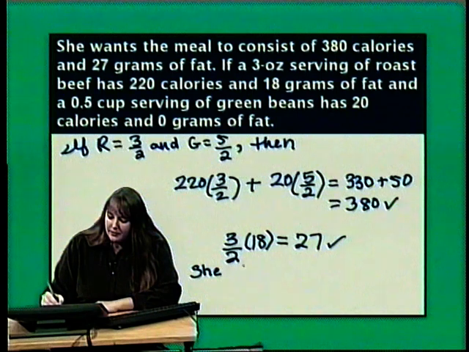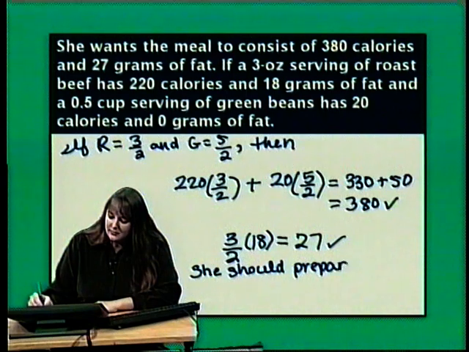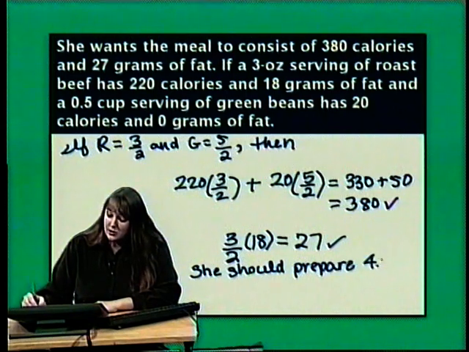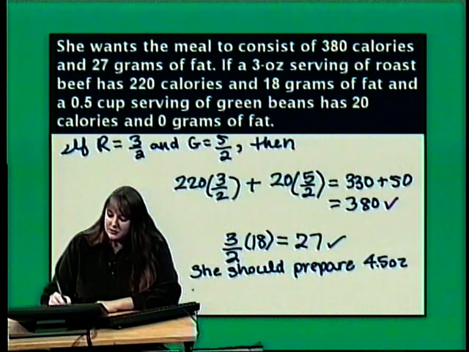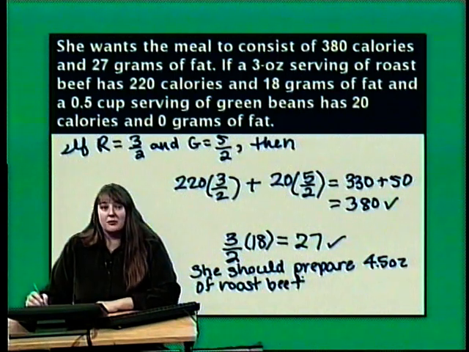So she should prepare 4.5 ounces of roast beef, and we found G was equal to 5/2. That's 2.5 half-cup servings.